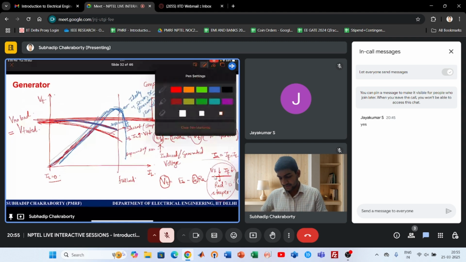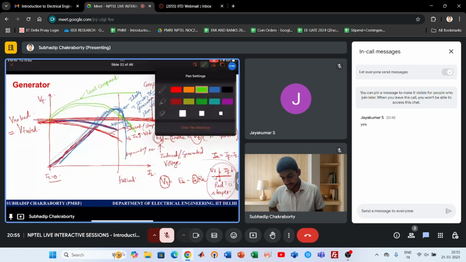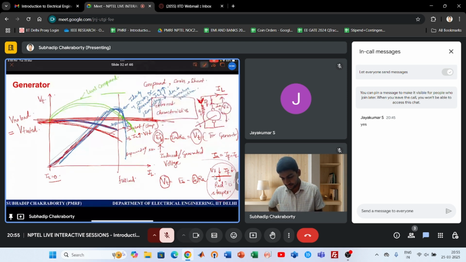And then you have a few other curves like the level compound, over compound, and under compound.